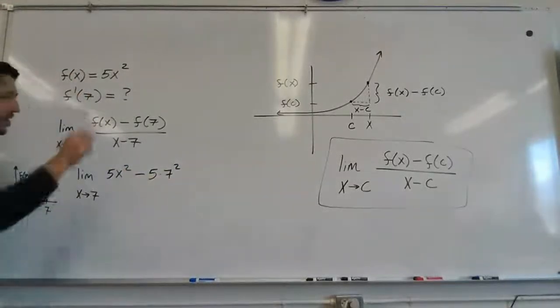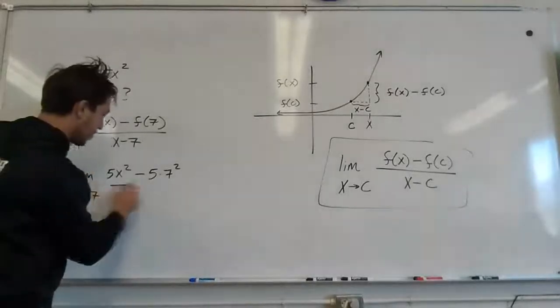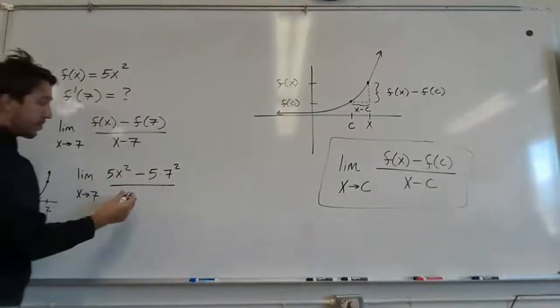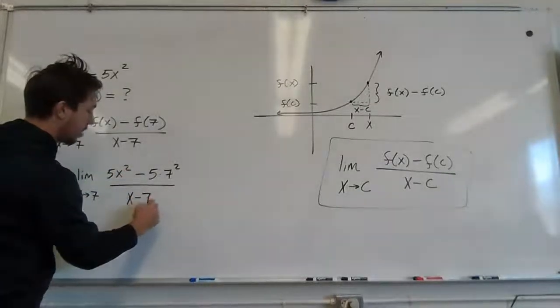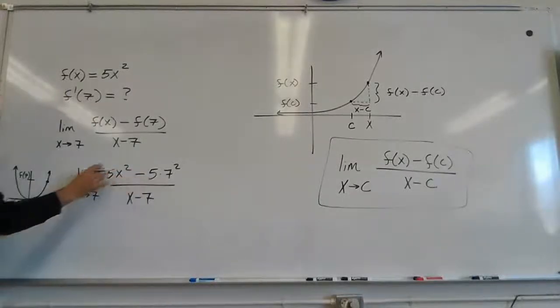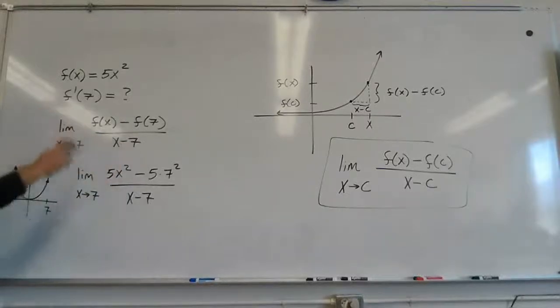Think about why we want to write it like that instead of writing whatever 5 times 49 is. It's a big number. But think about what I can do with this now that I've written it that way. I've written it that way because I want to factor out the 5. So factor out the 5, then factor the x squared minus 7 squared, cancel, and plug in the 7.